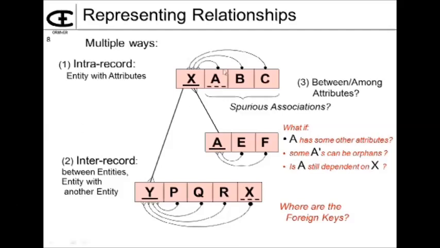This arc up here between A and X is exactly the same as this arc down here. And within X, A is still dependent upon X, because every A has to have an X. But if you've got some A's down here that aren't, this is the true nature of the relationship. And that's what you should be modeling. And you only get into this trouble because you wanted to put A in a table with X.